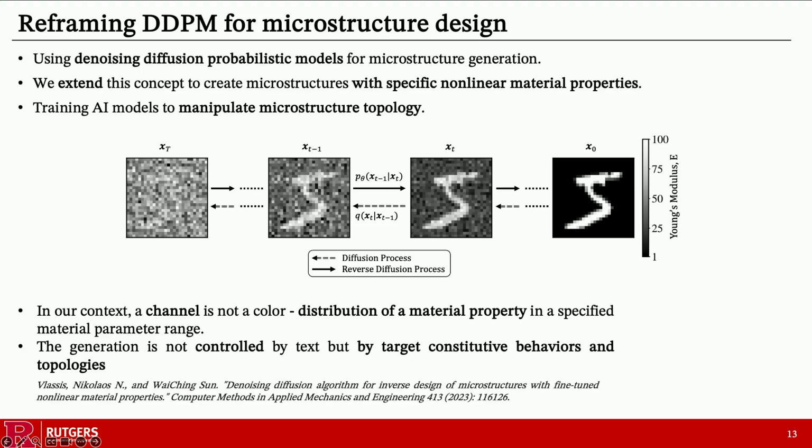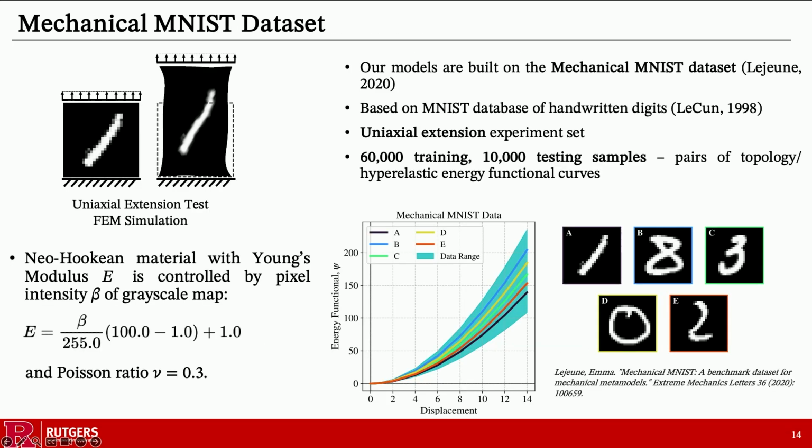Specifically, we use the EMMA's mechanical MNIST dataset to generate distributions of Young's moduli, where our channels are not colors, but they are distributions of a material property in a specific range. And the generation is not controlled by text, even though we ended up controlling it by text as well later, but by constitutive behaviors or target topology descriptors.